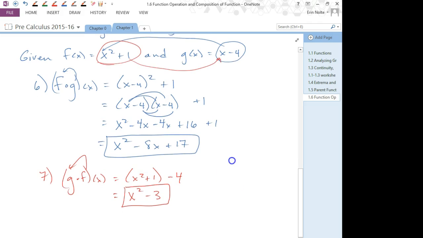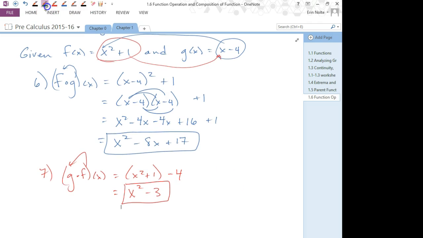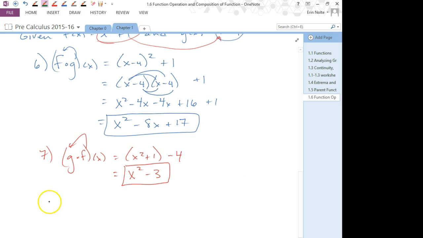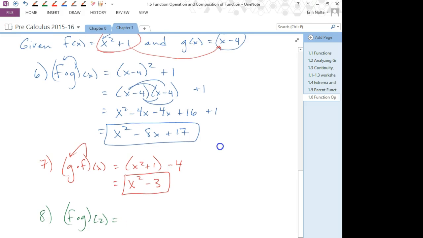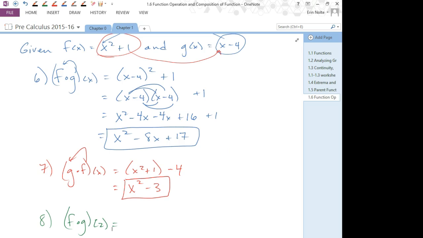Okay, so what if they gave you, let's do an f of g of 2? How would you do that? Okay, good. You plug 2 into the g. Let's do that mentally. If you plug 2 into the g, what's 2 minus 4?